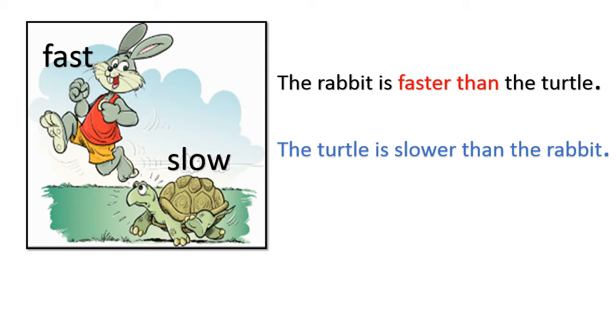The rabbit is faster. We add ER to the adjective and write than after the adjective. The rabbit is faster than the turtle. And the turtle is slower. Here we add ER to the adjective and write than after it. The turtle is slower than the rabbit.